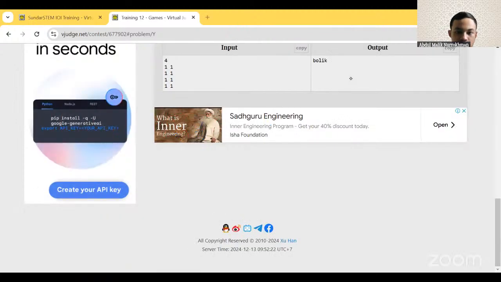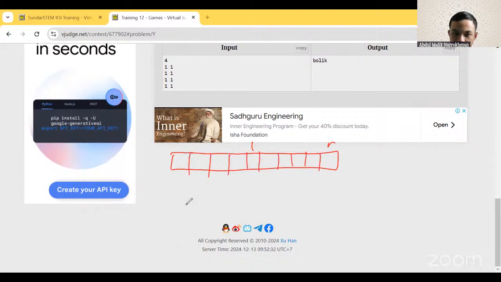We know if we want to XOR from L until R, we can find the XOR from 0 to R, and then XOR with the XOR from 0 to L minus 1.